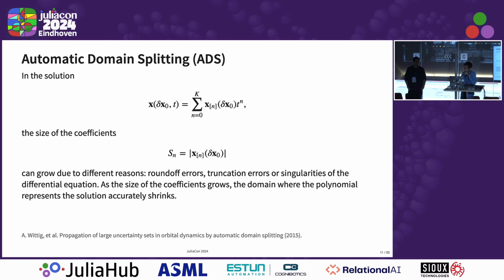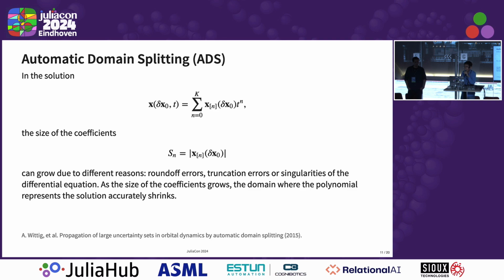The two main factors are truncation errors, which are related to which order we use to expand both in time and in space, but also because of singularities of the differential equation. So in examples like the Kepler problem, these coefficients tend to grow as two bodies approach each other.